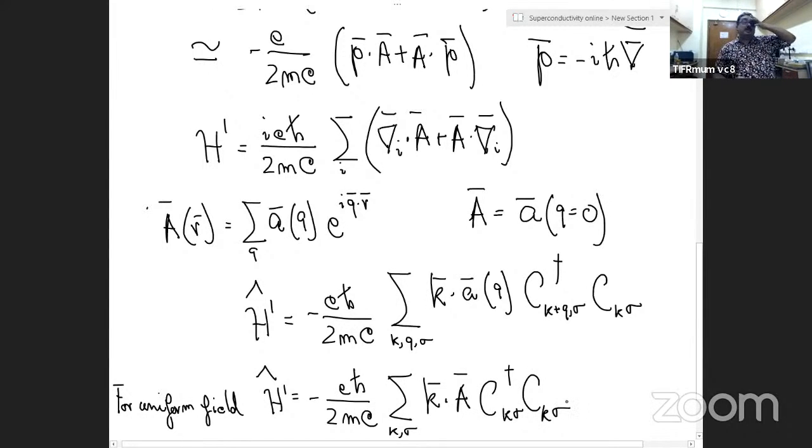Okay, so in the presence of a magnetic field, this is the perturbation part of the Hamiltonian.